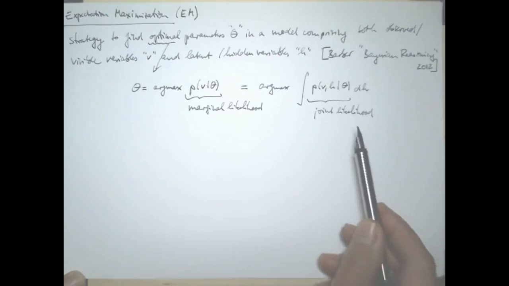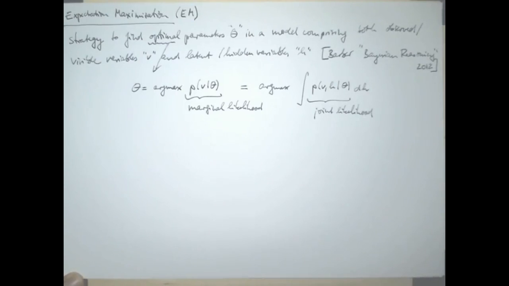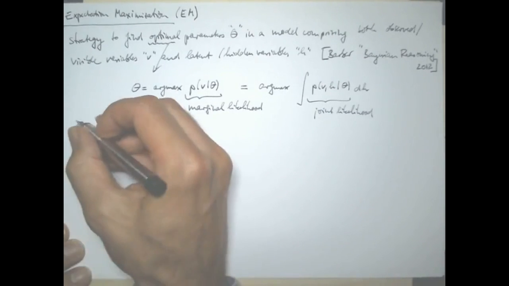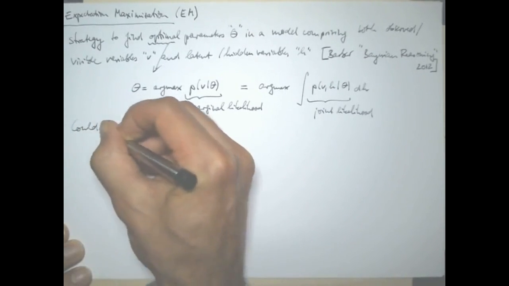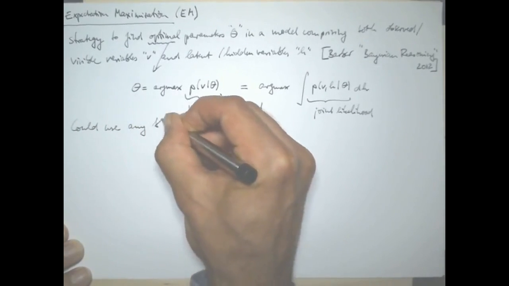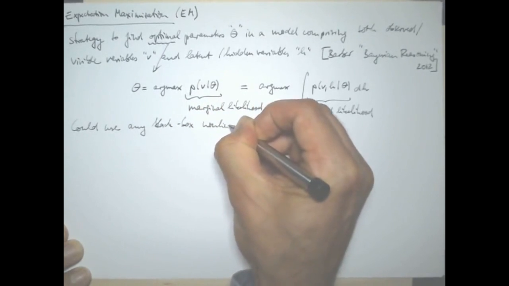Now, this maximization, in particular thanks to this integration here, can typically not be done in closed form. And to solve this problem, we could use any black box nonlinear optimizer.